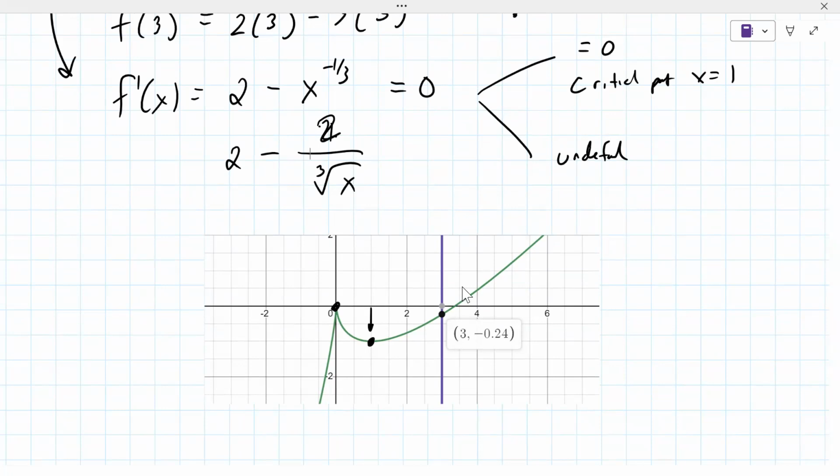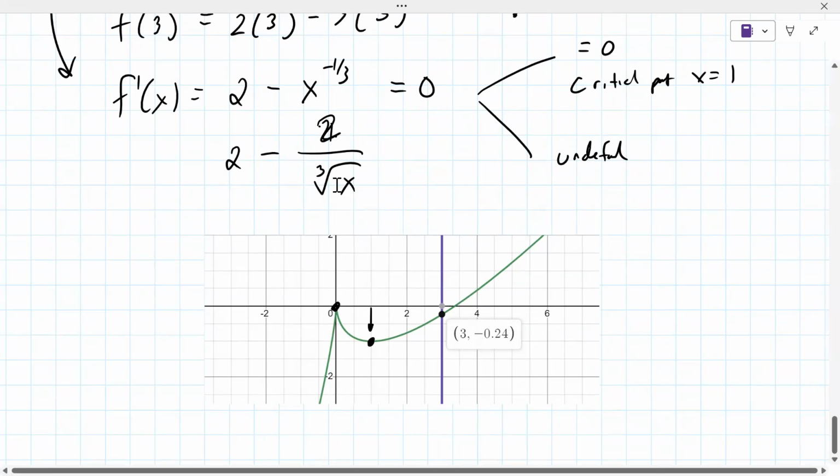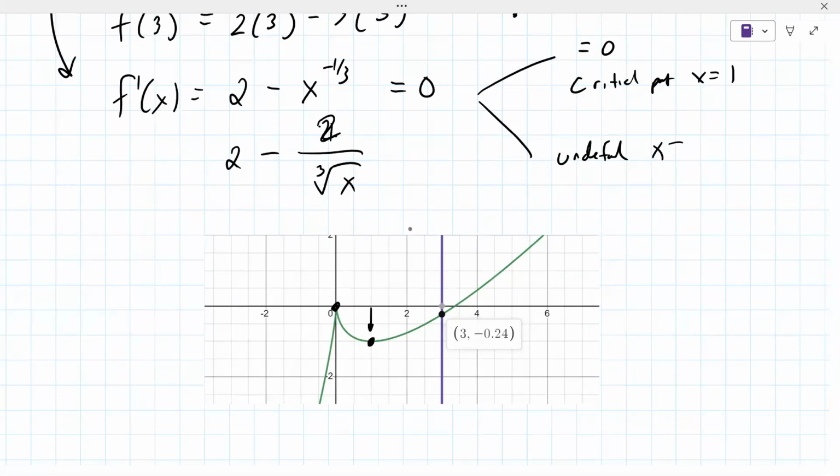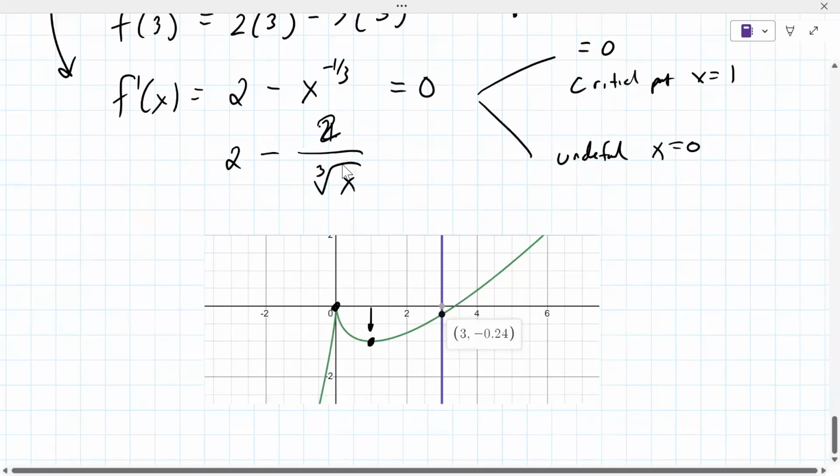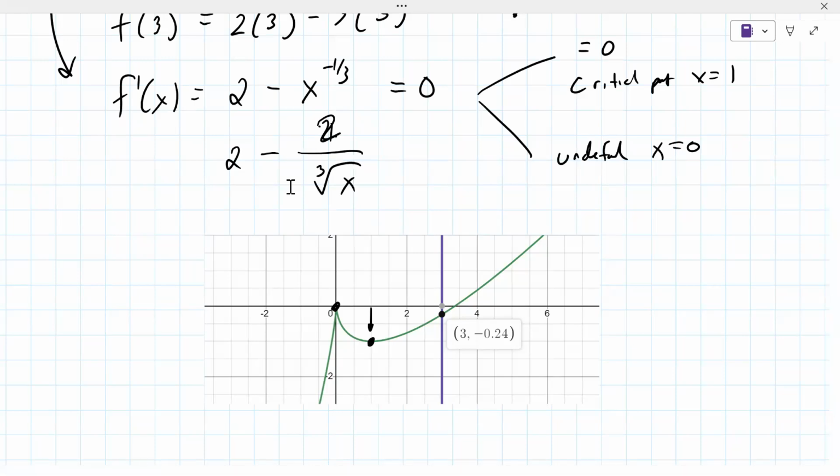You don't have to. I was just trying to show you that's why it goes to the bottom. The undefined is when x equals 0. That's when the derivative is undefined because you're dividing by 0. They're trying to show it in another format. So it's undefined because x is in the denominator, and it could equal 0. Yeah, exactly.